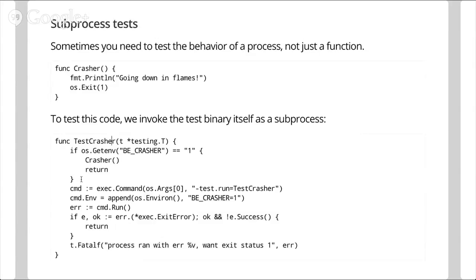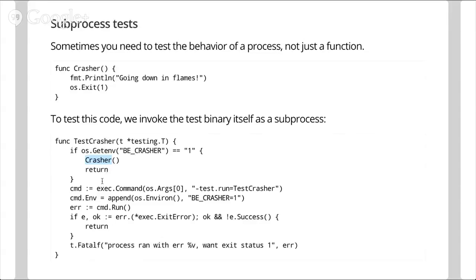If you ignore this if statement at first, the first thing I do is execute this test binary, the binary that's actually running the test, with the flag -test.run=TestCrasher and with the environment variable BE_CRASHER set to 1. Then when I run that command, it will re-execute my test binary, but this time this if statement will return true, and I can call Crasher there and return.